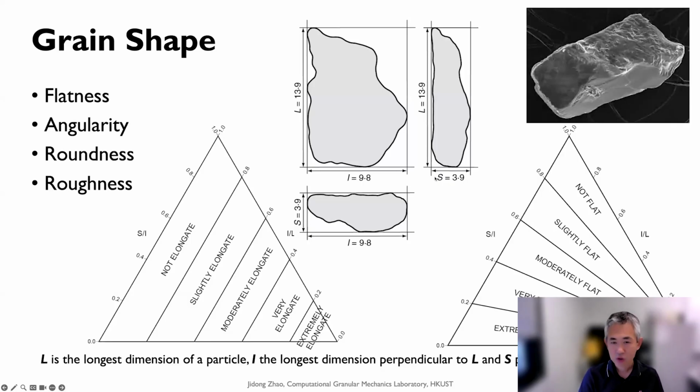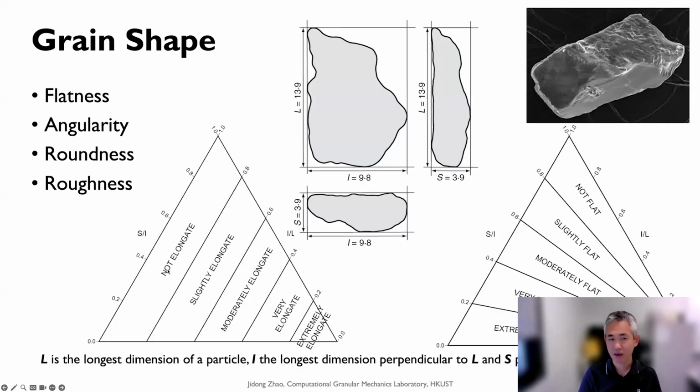We use L to indicate the longest dimension of a particle, like this one here. We use I to indicate the longest dimension which is perpendicular to the L direction, and S is the other direction, which is perpendicular to L and I. Then, according to the different ratios of I over L or S over I, we can plot such a shape triangle or texture of particles.